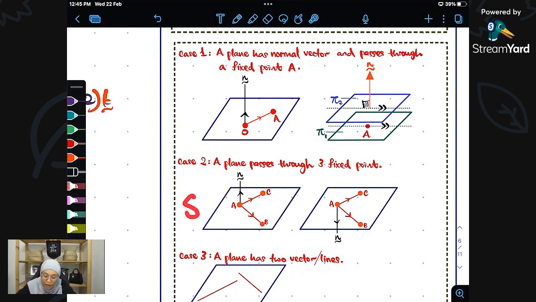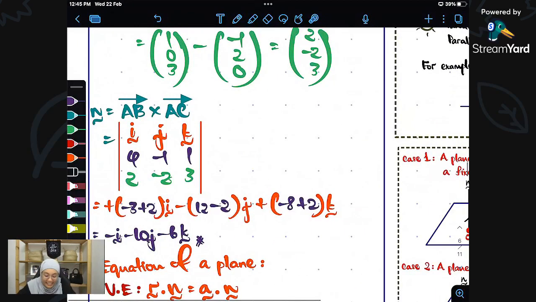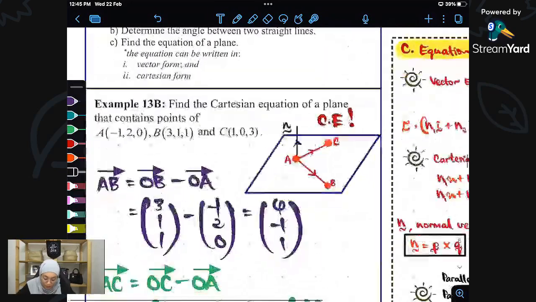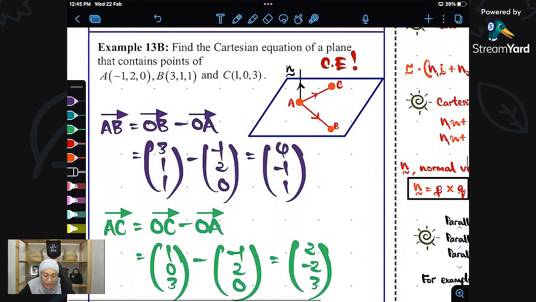Benda ni you sudah pun belajar di dalam 5.3 vector product. And so we are ready to solve it, and we know nothing to be afraid of to find this normal vector.